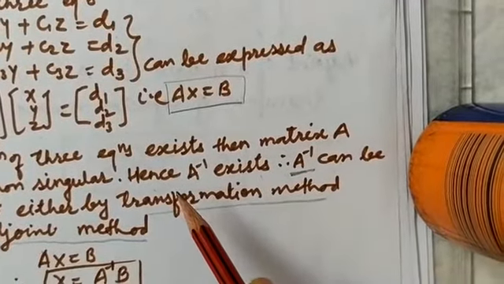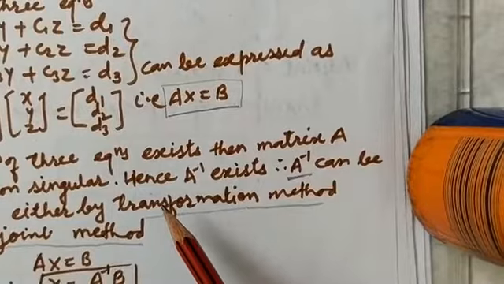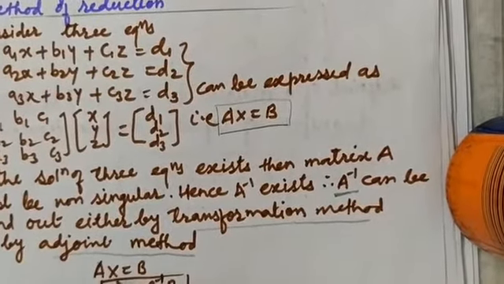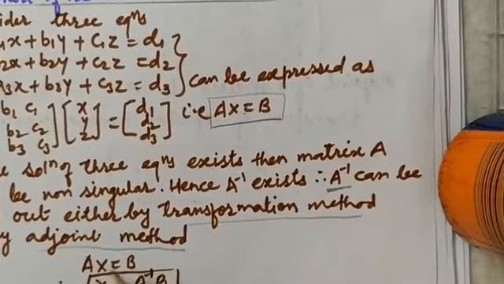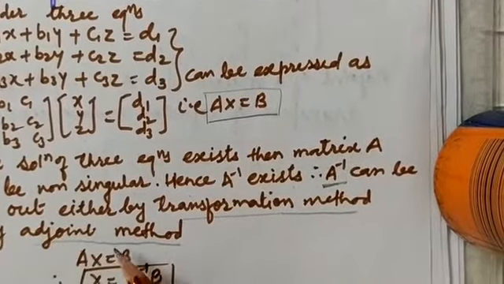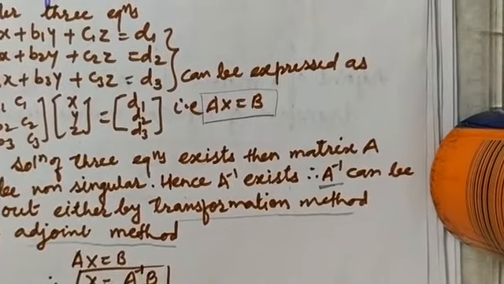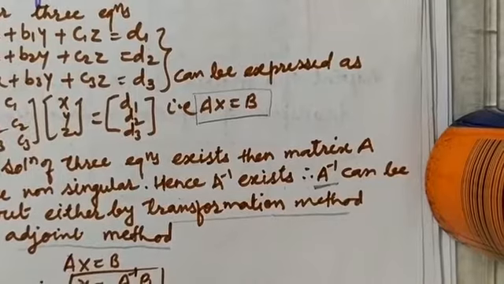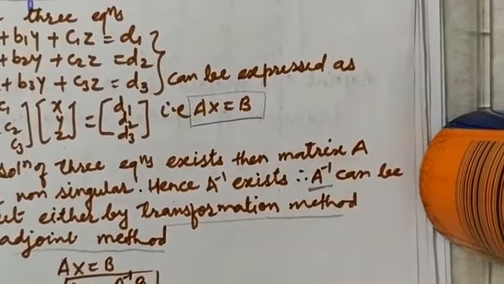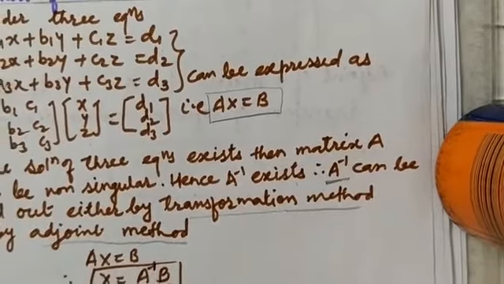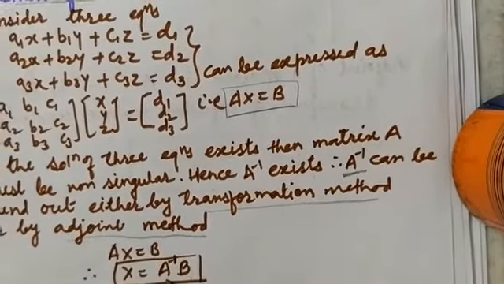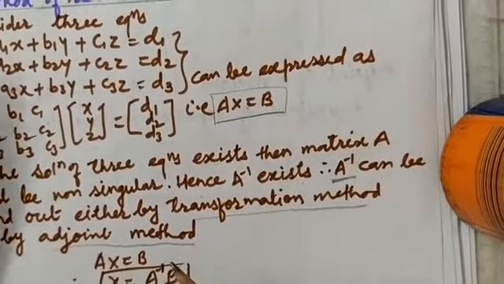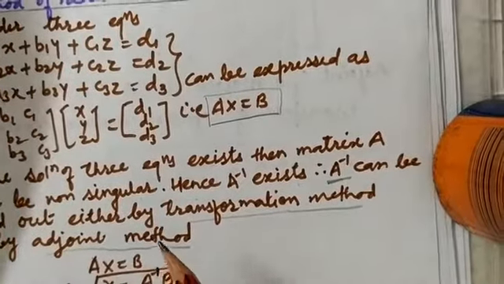The equation for finding the values of x, y, z is Ax equal to B. Since it is Ax equal to B, the values of x, y, z can be found by the formula x equal to A inverse B. The procedure for finding A inverse you already studied, so you can apply either of the two methods.